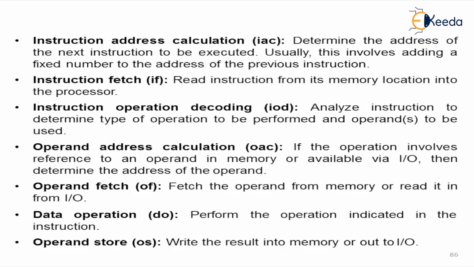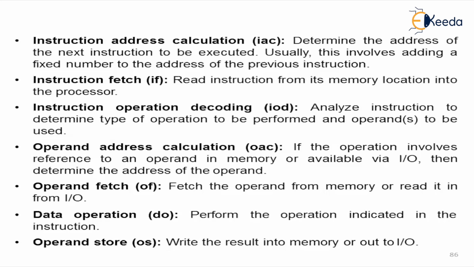Operand address calculation: if the operation involves reference to an operand in memory or available via I/O, then it determines the address of the operand, what needs to be performed and where the data needs to be stored.